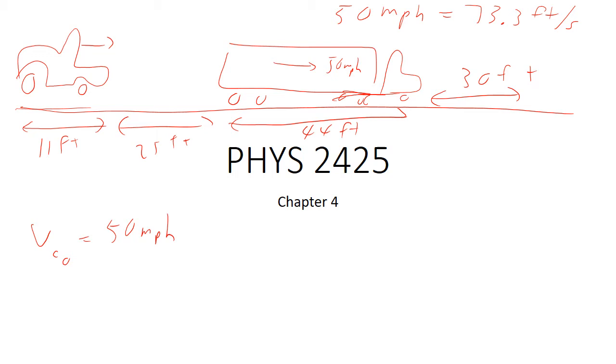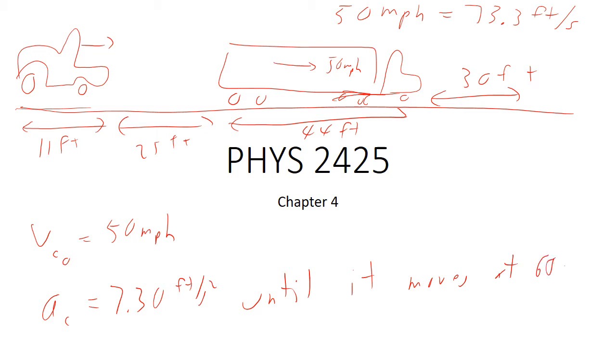Okay, then as soon as the opposing lane is clear, and the car pulls over to pass, the car accelerates at 7.3 feet per second squared until it is moving at 65 miles per hour.